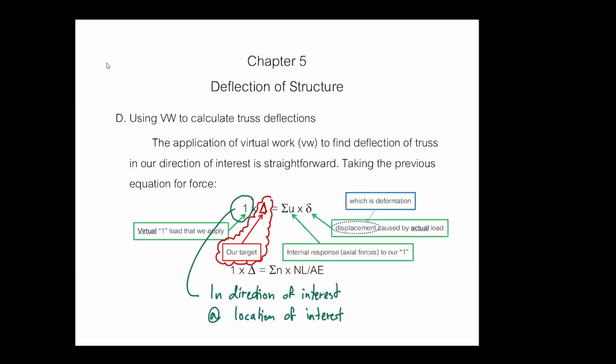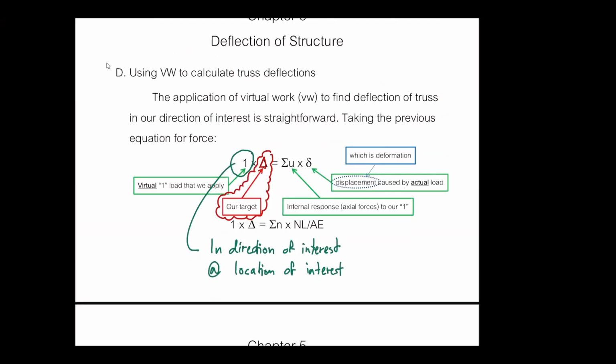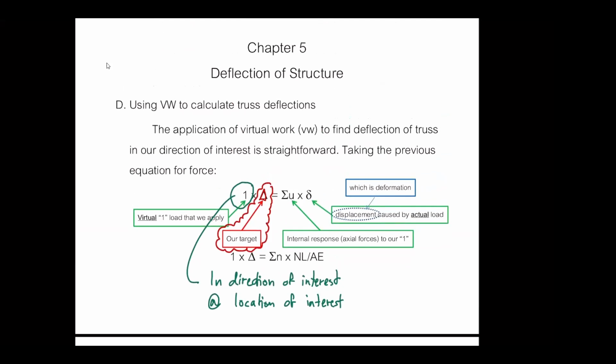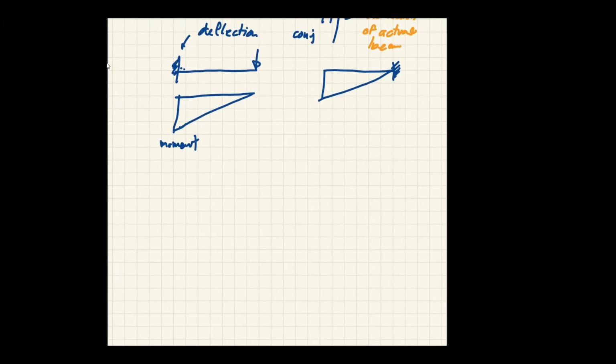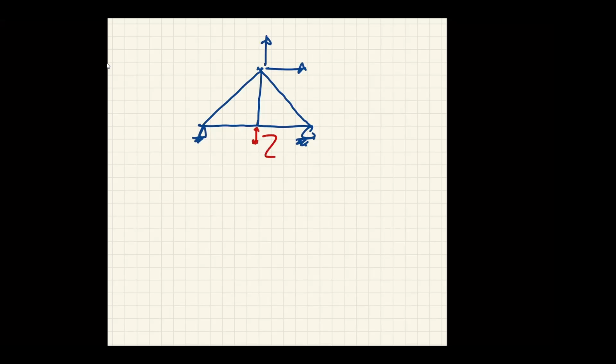Okay, so let's say I am going to try to swap this with this. Let's say I have a simple truss. Too simple, like this. And then I have the load. Let's make it more complicated. I want to know how much the truss deforms.